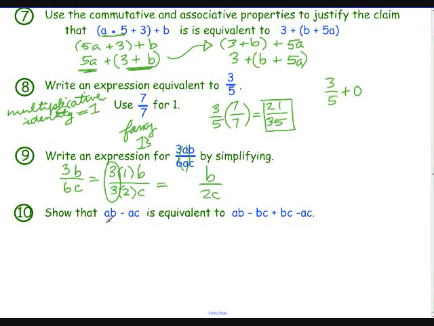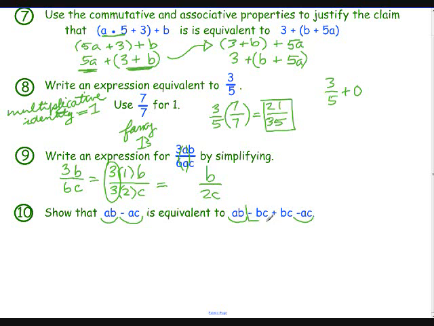Number 10, show that AB minus AC is the same as E. Okay, here's my AB. And I've got a negative AC, subtracting AC.